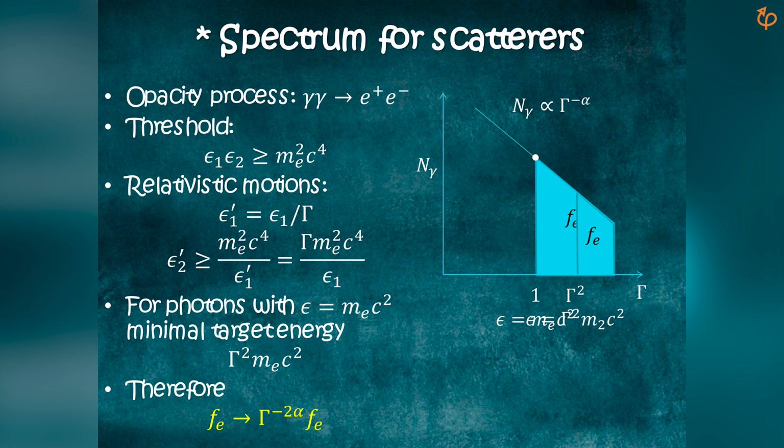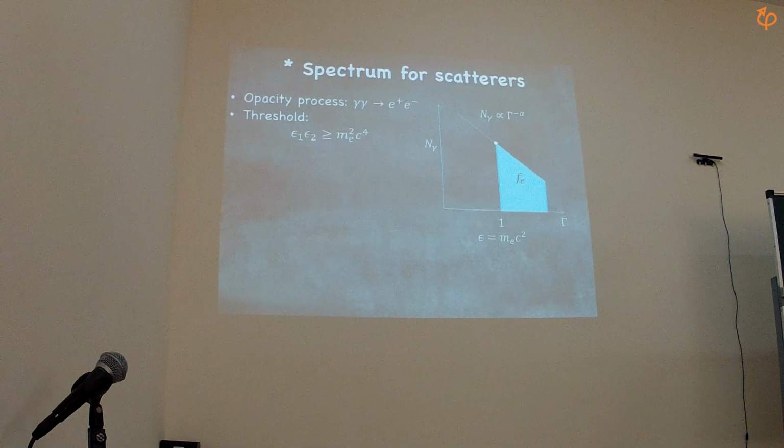Suppose that the first photon has an energy of 1/10 of an MeV. The second photon needs to have an energy of what? 10 MeV.